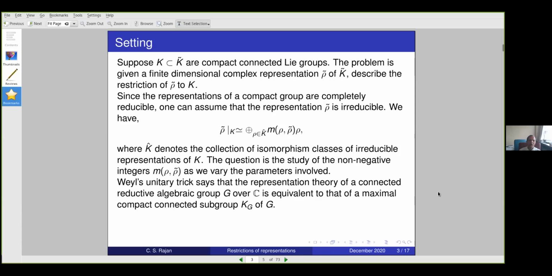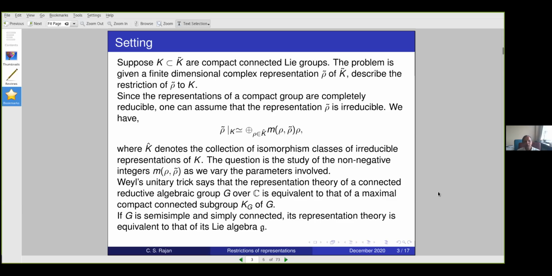I just want to say a bit before going further that the unitary trick says that the representation theory of a connected reductive algebraic group G over C is equivalent to that of a maximal compact connected subgroup K_G of G, and similarly, you can also work at the level of Lie algebras.